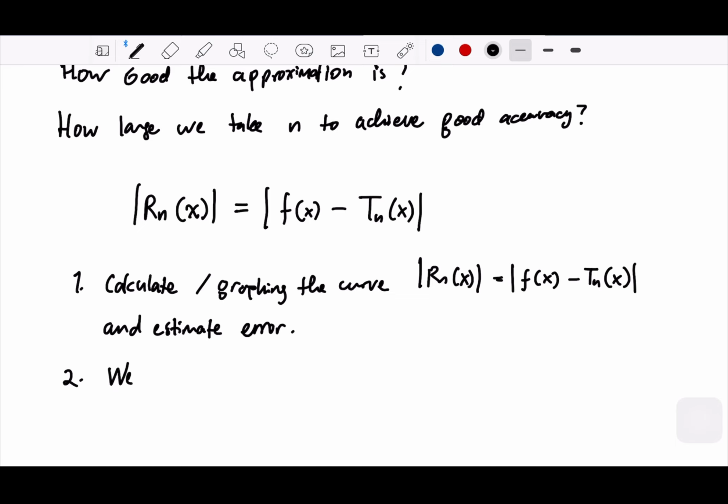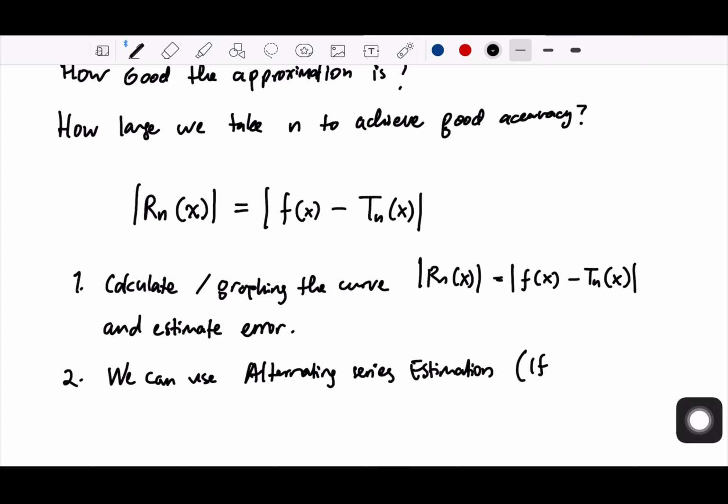Second, we can use the alternating series estimation, if it is alternating.